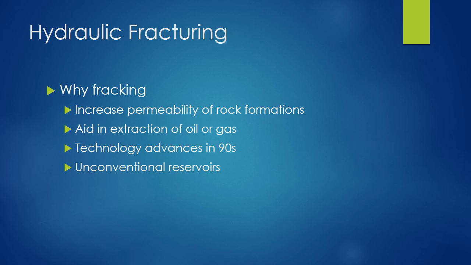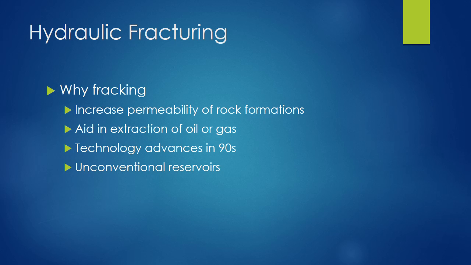So why do we use hydraulic fracturing? This is also called fracking or HF. Hydraulic fracking is used to increase the permeability of rock formations for the recovery of oil or gas. This is often used in unconventional reservoirs where gas is stored in the rock itself, such as shale gas reservoirs.